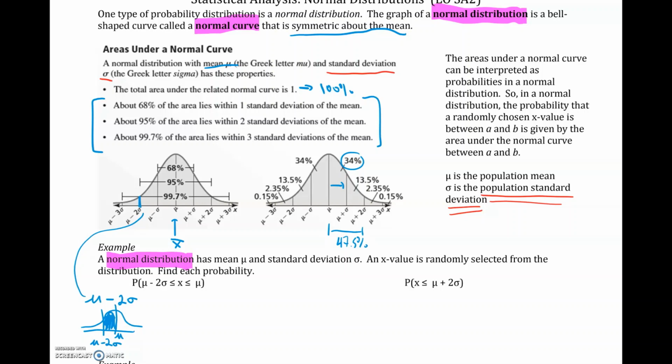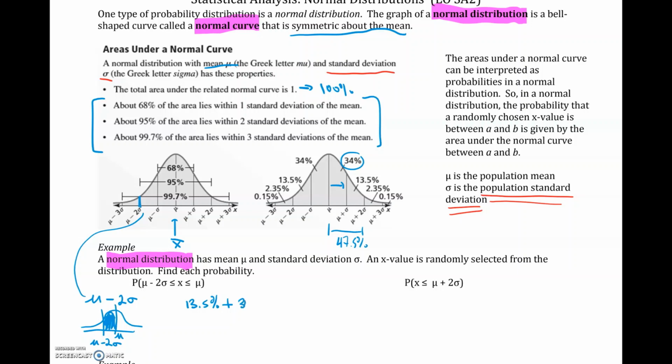So if we look at this, we know mu minus 2 sigma up to mu minus sigma is 13.5%. So I can take that 13.5%, and I'm going to add that to this band here from mu minus sigma to mu because I want to add in that second piece.